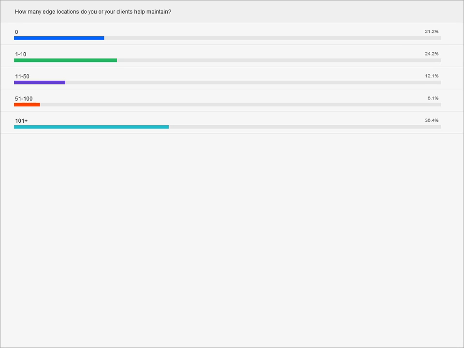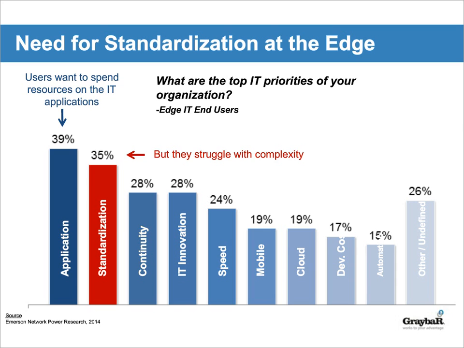Let's move on here. Some more survey results, some more research that Emerson conducted last year. In this particular research, we talked to 52 IT people that manage remote locations, and we asked them, what are the most important things for you at those remote locations, right?